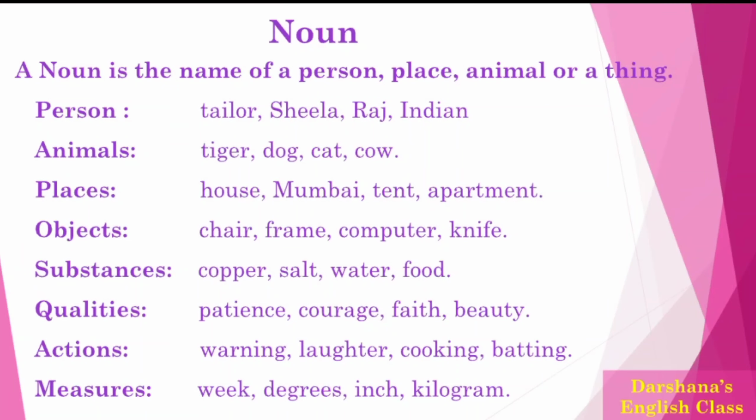For person, we call a tailor, Sheila, Raj, Indian. Animals: tiger, dog, cat, cow. Places: house, Mumbai, tent, apartment. Now, when I'm reading all these examples, these are different types of nouns, okay? And the detailing about the types of noun we'll be doing in our next session.